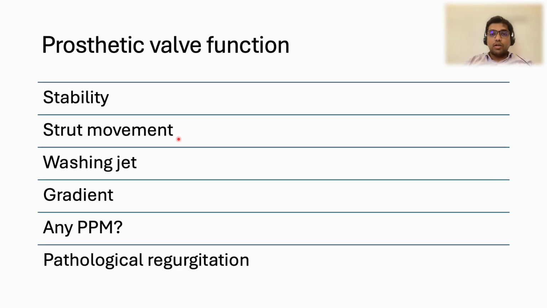How the strut and the leaflets of your prosthetic valve are moving, if there is any washing jet or not, what the gradient is, if there is any patient-prosthesis mismatch, and if there is any pathological regurgitation. That may be transvalvular regurgitation, and also paravalvular regurgitation.